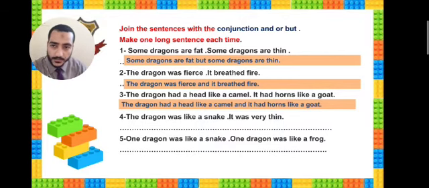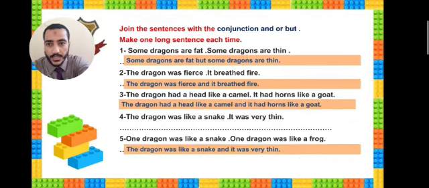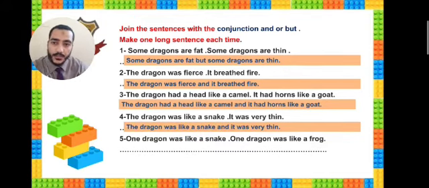No, snake, thin. The snake is thin already, right? So the dragon was like a snake and it was very thin.